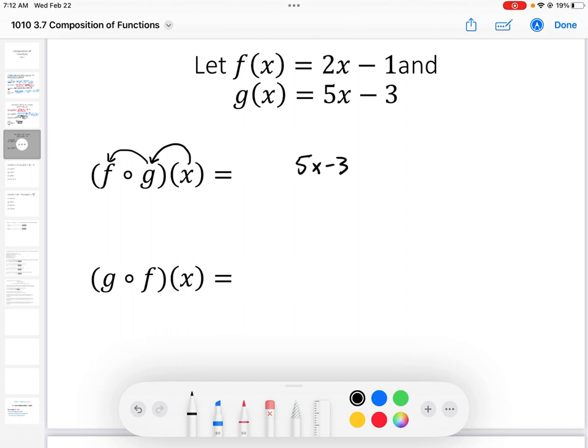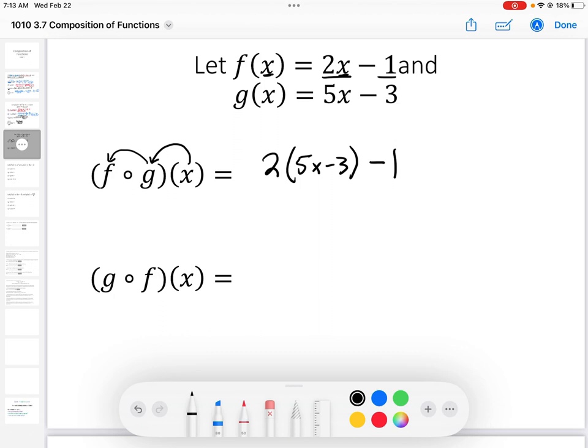And then if I take that result and put it as the input of f, I would take that and multiply by 2 and minus 1. Because f says to take your input and multiply it by 2 and subtract 1. And so if you take the result of putting x into g and put that into f, you would end up with something like this.